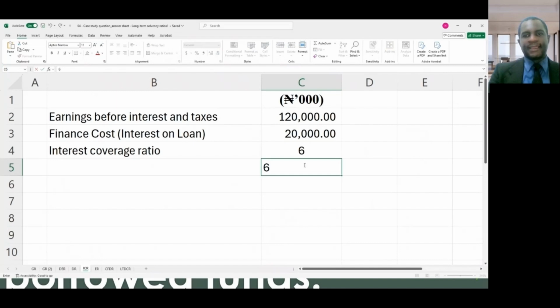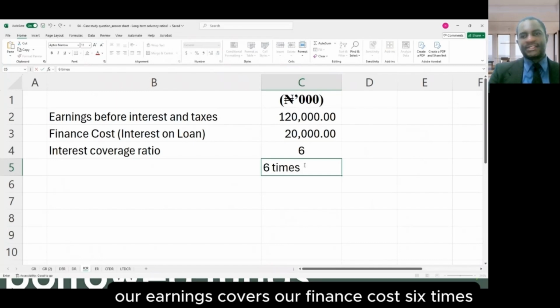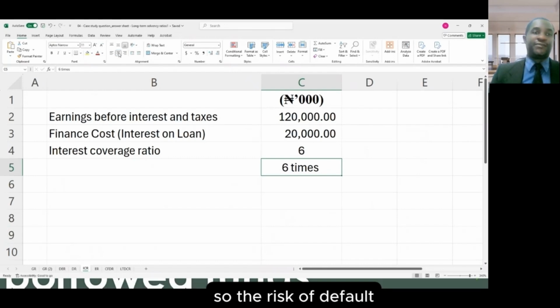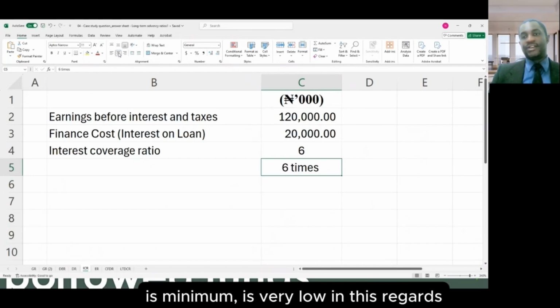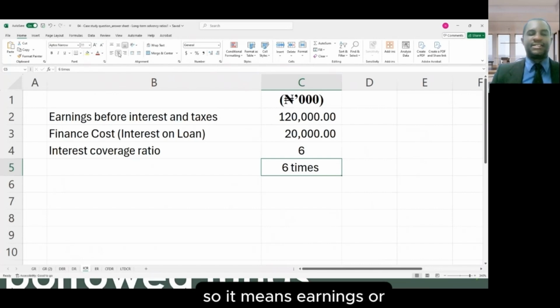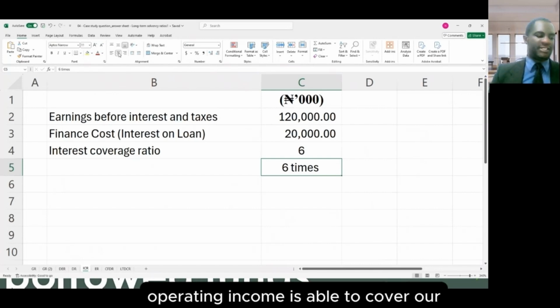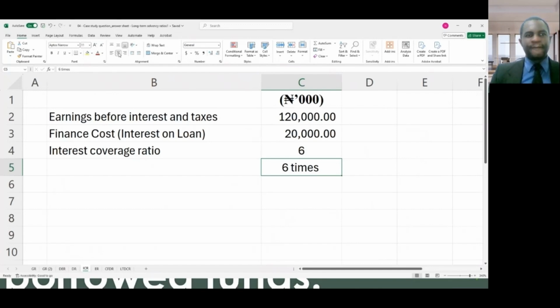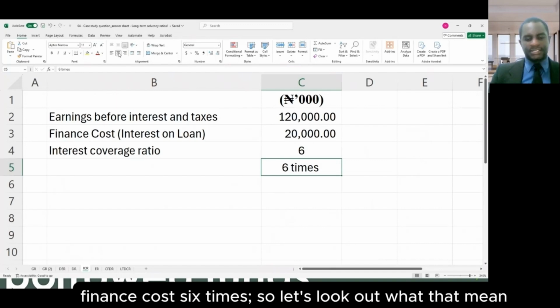So our earnings cover our finance cost 6 times. So the risk of default is minimal. It's very low in this regard. So it means earnings or operating income is able to cover our finance cost 6 times.